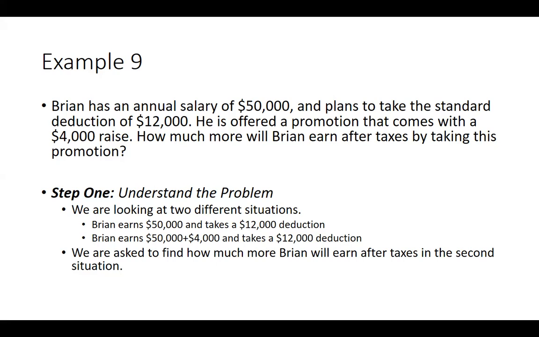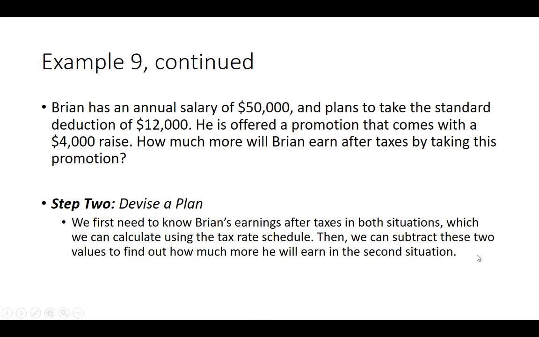We're asked to find how much more Brian will earn after taxes in the second situation. So we first need to know Brian's earning after taxes in both situations, which we can calculate using the tax rate schedule. We can then subtract these two values to find how much more he will earn in the second situation.